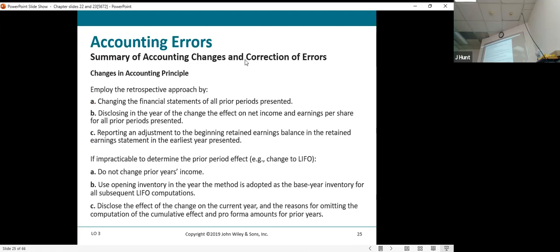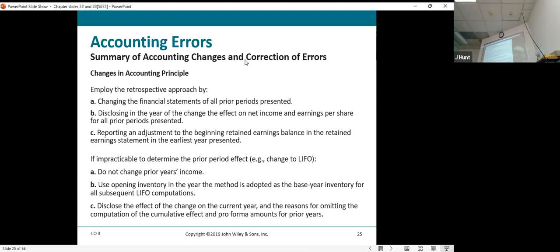So this is a summary, right? Like I said, at the end of the section, there's a nice little summary of accounting changes and errors. And this tells you what the approach should be for changes in accounting principle. Like we said before, you go back.